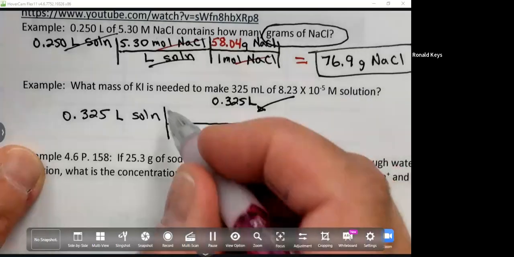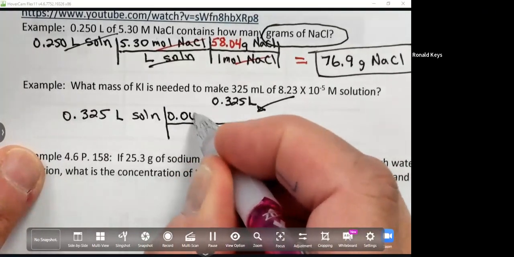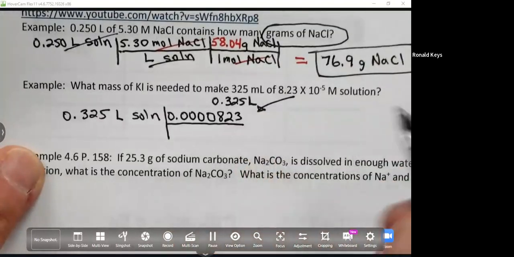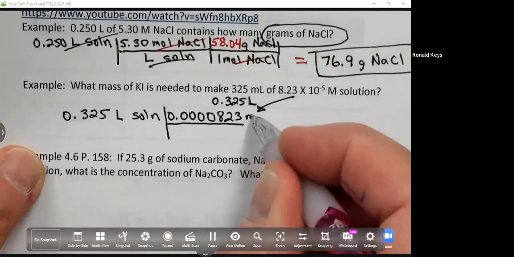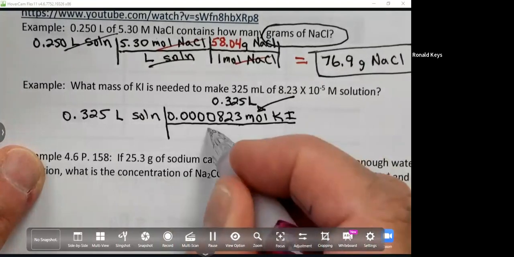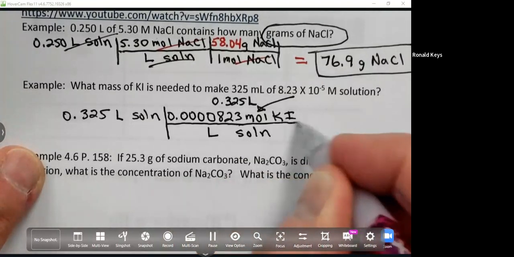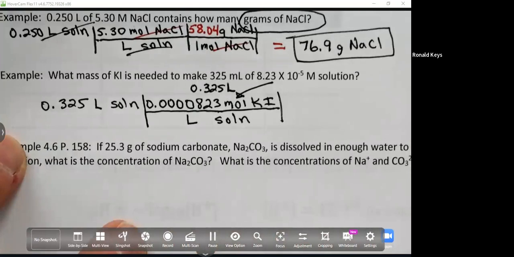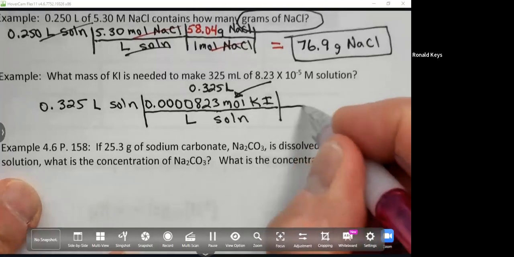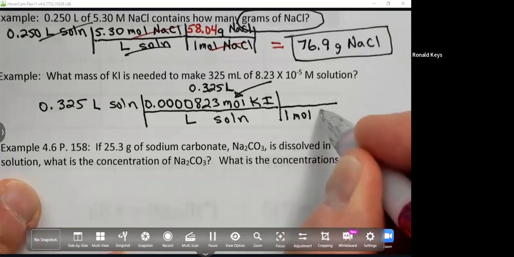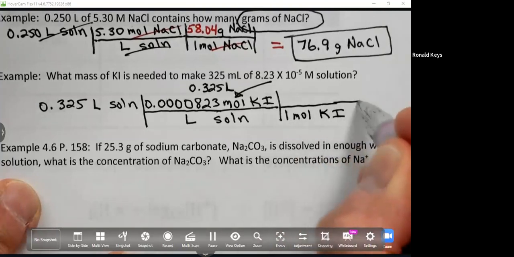So let's put this in as 0.000823 mole of KI per liter of solution. Then we'd simply go 1 mole of KI to grams of KI, right?